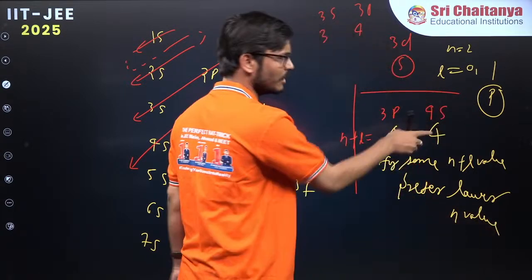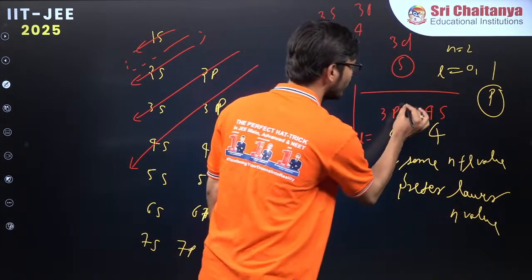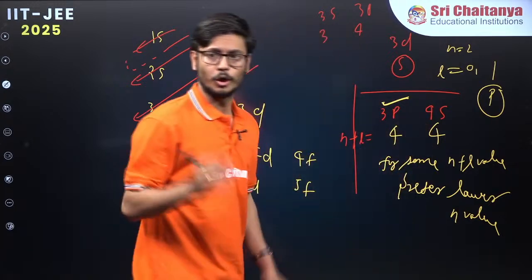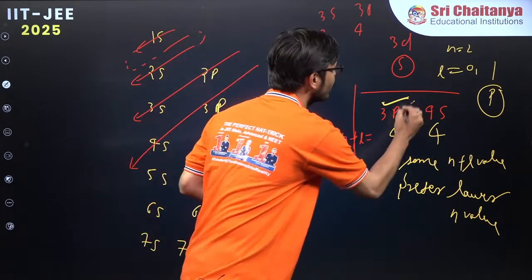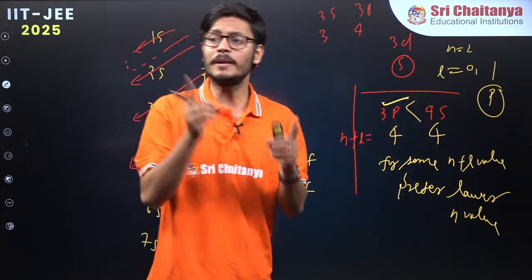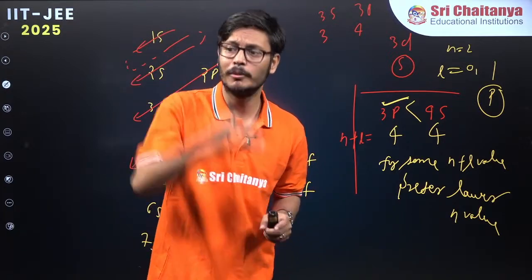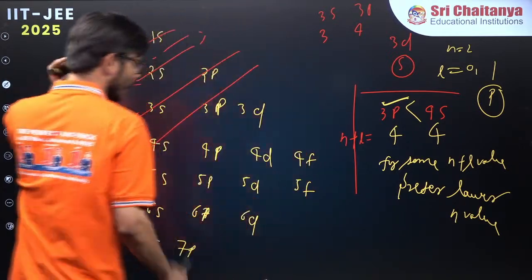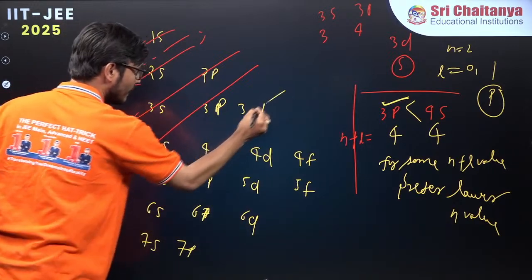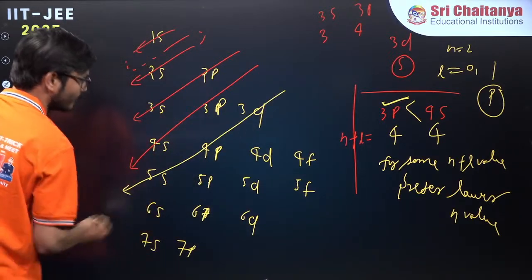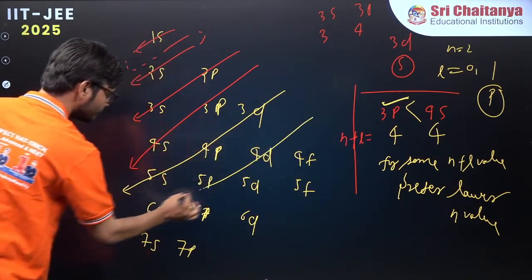That means in 3p and 4s, I am going to prefer 3p. So the lower energy will be 3p and the higher energy will be 4s. So if the N plus L values are the same, you prefer the lower N value because the energy will be less. Then what will come? 3d and 4p and 5s. So like that it will come.